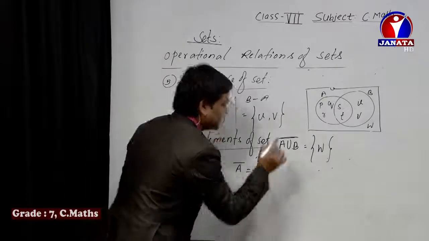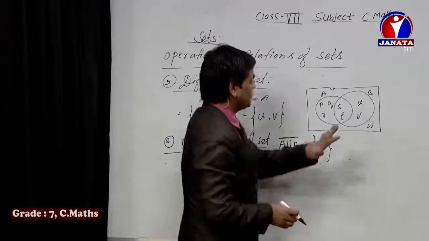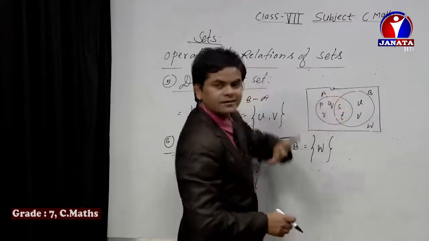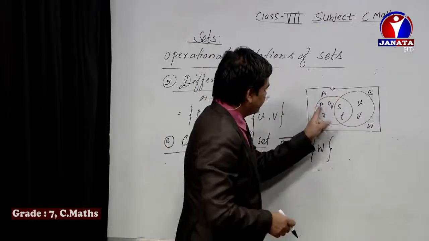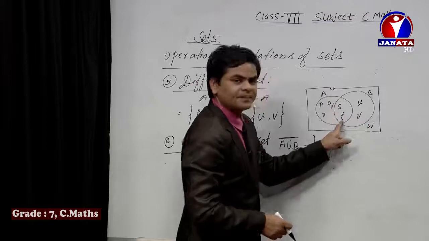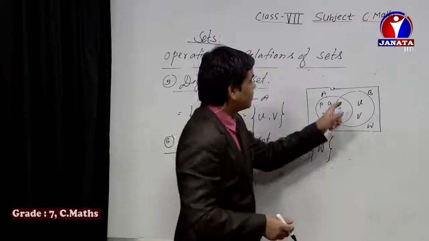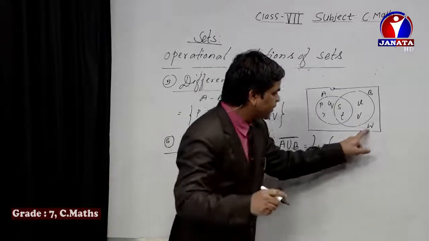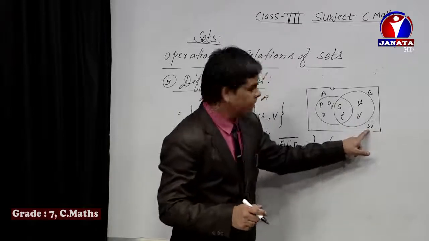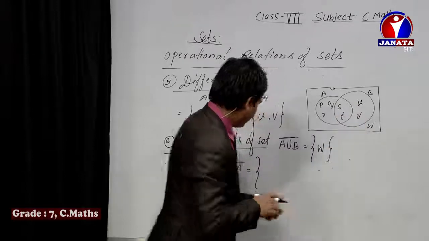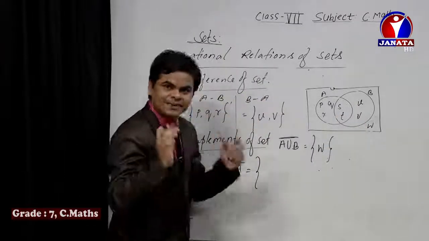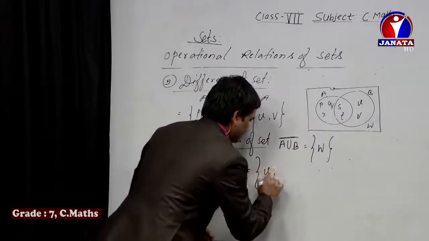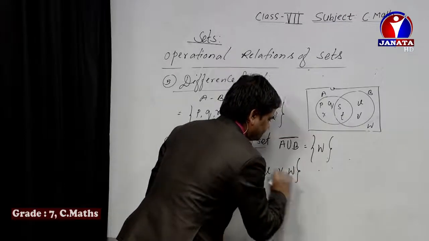So if we hide the elements of A, dear students, P, Q, R, S, T will be hidden. Now what remains? U, V, and of course, do not forget W, this one also cannot be hidden. It means A complement represents U, V, W.